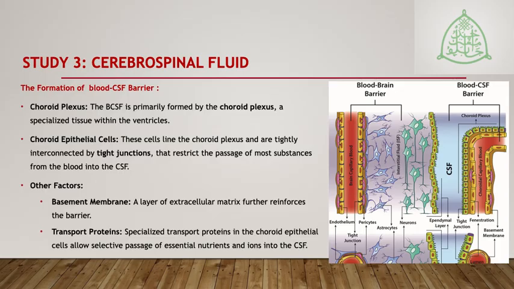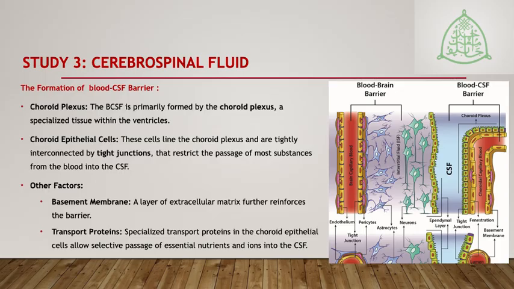The endothelial cells of the choroid plexus, which are the blood vessels, are also lined externally by tiny cells called the ependymal cells of the ventricles. These ependymal cells assist in making the junctions, or the spaces between the endothelial cells, very tight, allowing just selective structures to move into the ventricles.